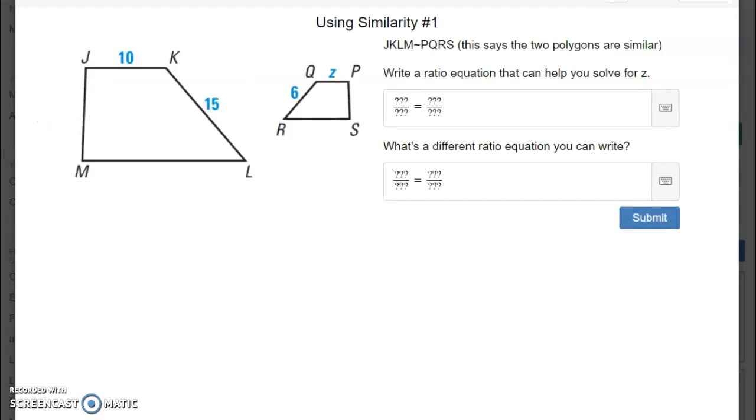Okay, so then now you're going to try to do the decimals, card number 10 to 13. I'm running out of time, so I'm going to do this really quickly. I know that JKLM is similar to PQRS.